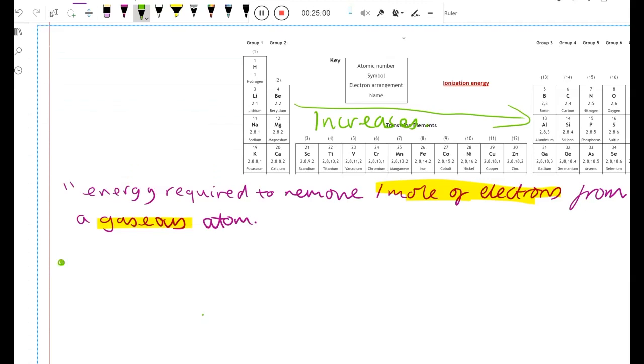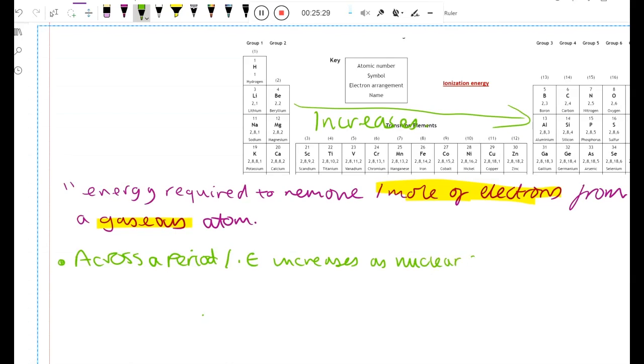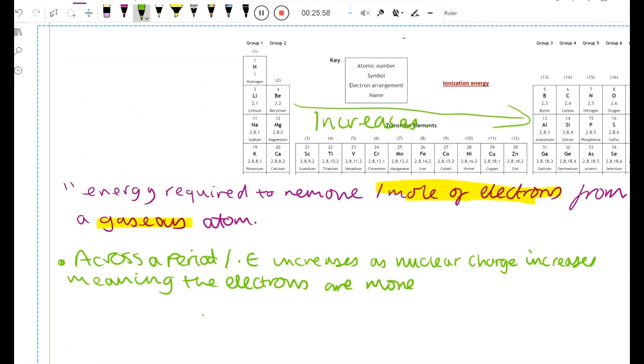And to put that into words, across a period, ionization energy, which I'm just shortening to IE, increases as nuclear charge increases, meaning the electrons are more tightly held.